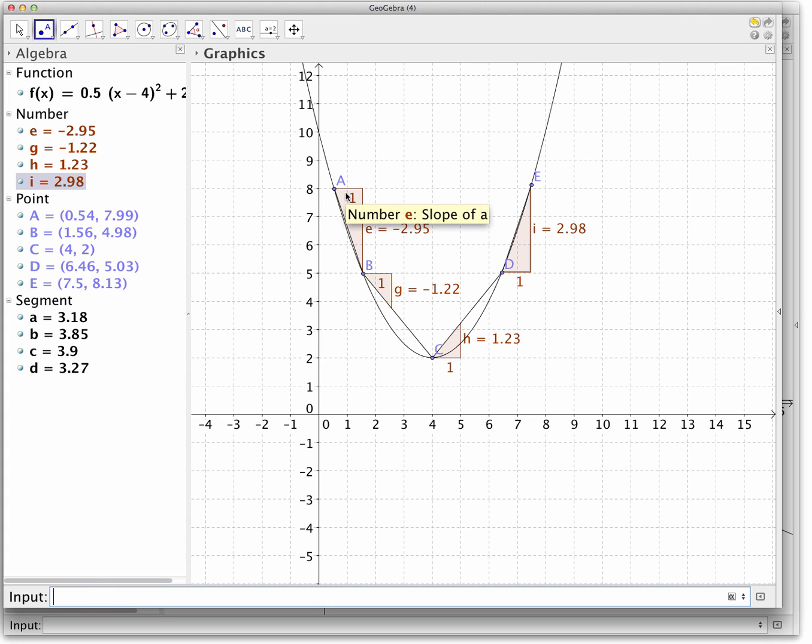We have negative 2.95, then negative 1.22, so it's gotten bigger. And then the next slope is 1.23, so now it's changing to positive and getting bigger. So notice that the slopes are increasing.